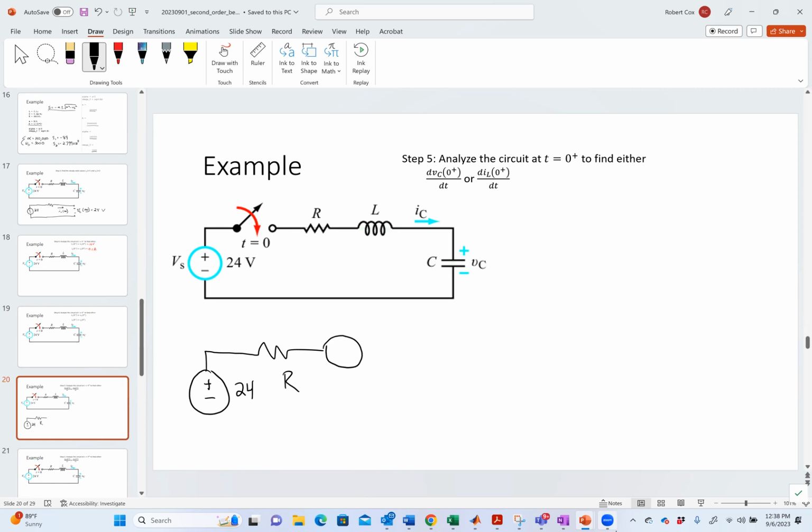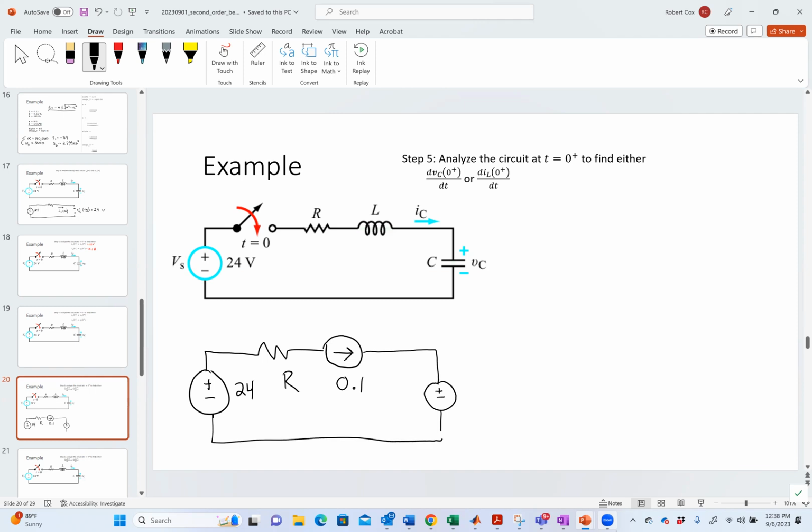We say that the inductor is like a current source that is carrying 0.1 amps, and the capacitor is like a voltage source that is carrying 10 volts.